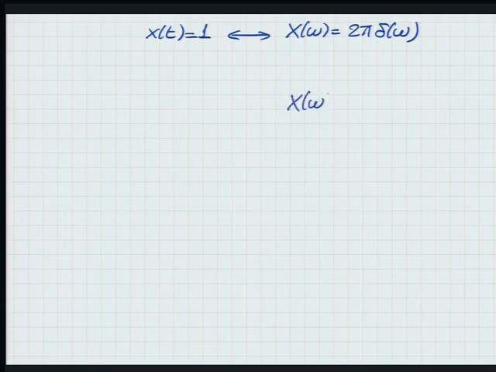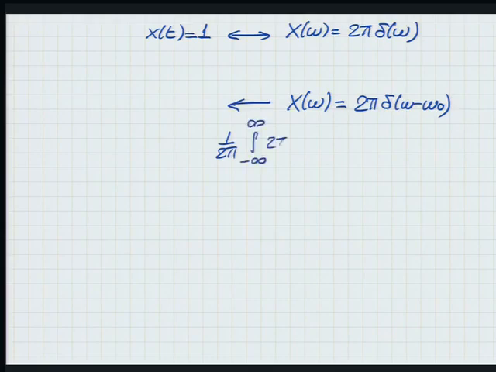Let's say I tell you the Fourier transform is 2 pi delta of omega minus omega naught, a particular value of a frequency, right? So if I apply the synthesis equation, what do I get? 1 over 2 pi integral 2 pi delta omega minus omega naught e to the j omega t d omega. Again, 2 pi's go away. So what comes out of this integral?